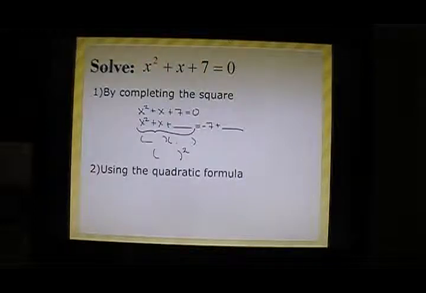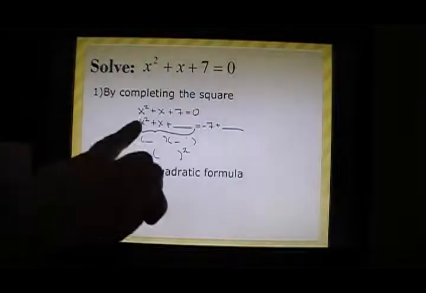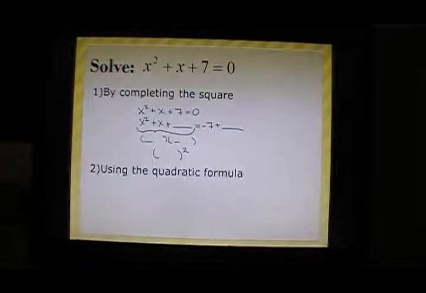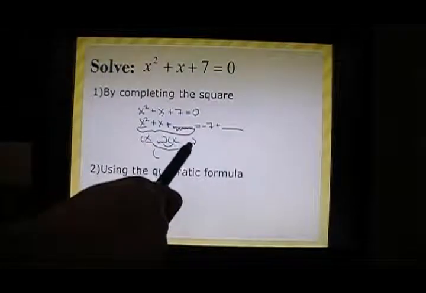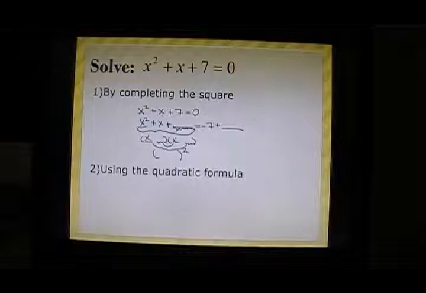So, I can figure out what these binomials are just based off of those two terms. This times this has to be x squared, so those both have to be x. When I multiply these two numbers together, I have to get this number here, and when I add inner and outer, I need to get 1. So these need to be the same and add to 1, so therefore they must both be a half.